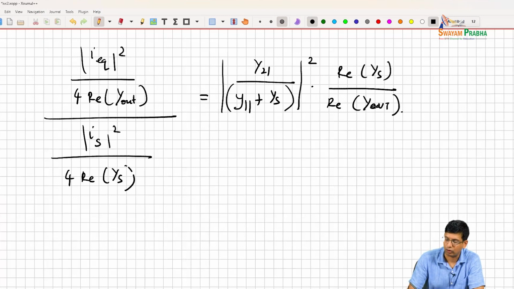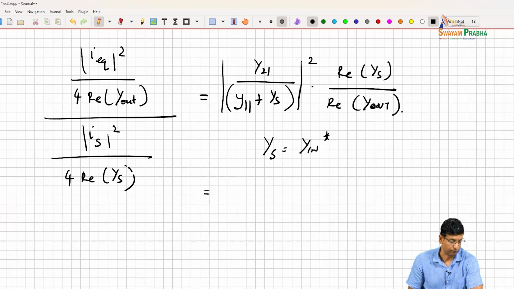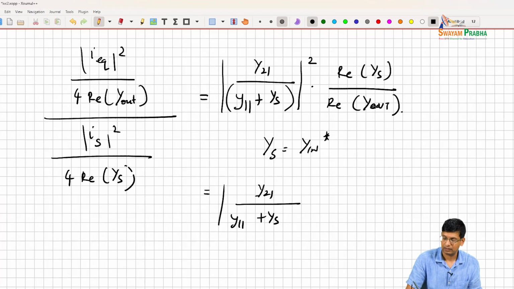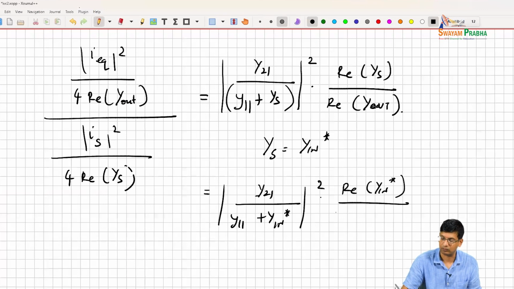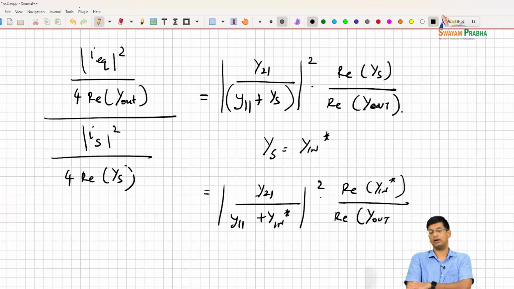For conjugate matching we know that Ys is Yin conjugate. So, we can further express this as Y21 divided by Y11 plus Yin star, squared, times real part of Yin star, which is just the real part of Yin, divided by real part of Y out.